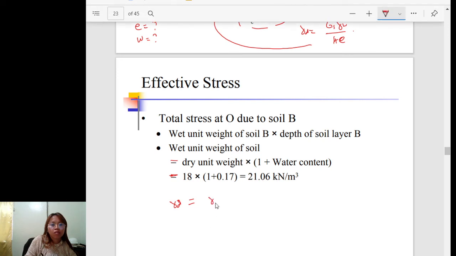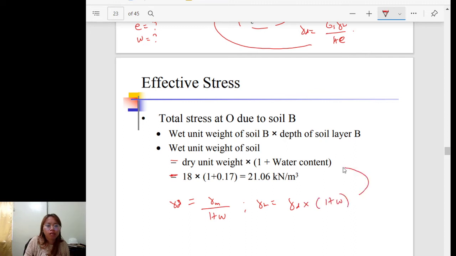Is wet unit weight of the soil, 1 plus water content, no? So that the moist unit weight is actually equal to dry density times 1 plus water content, this concept.